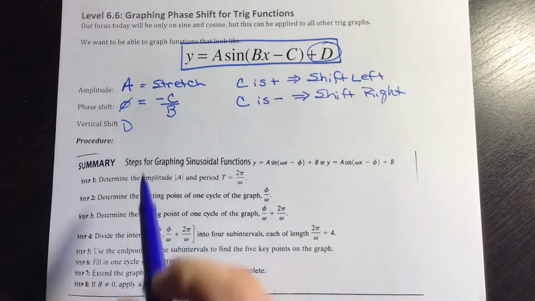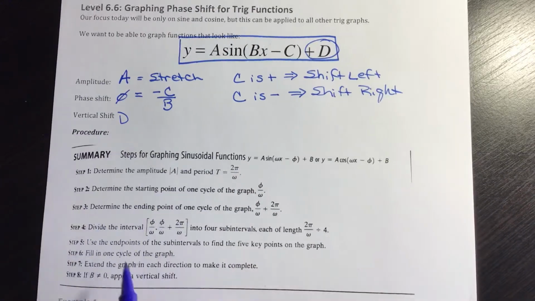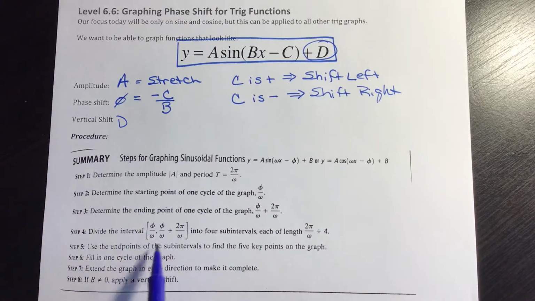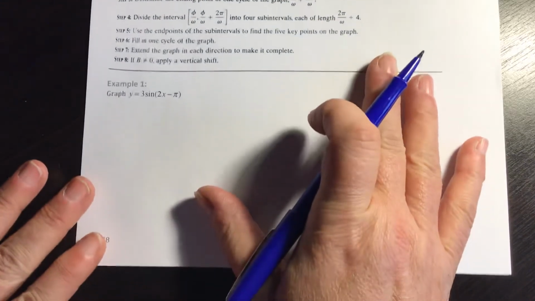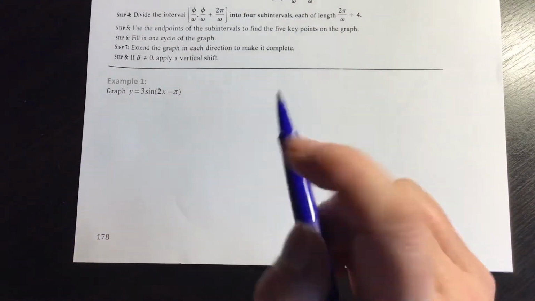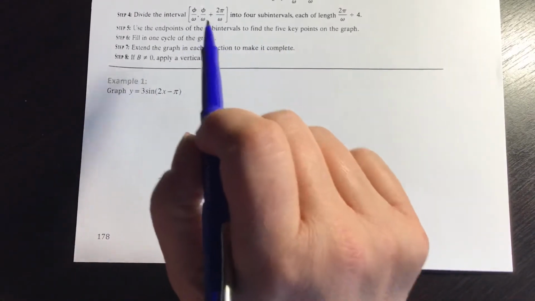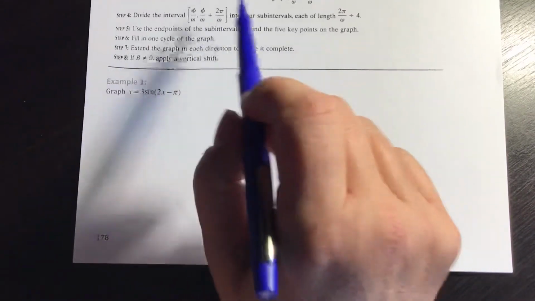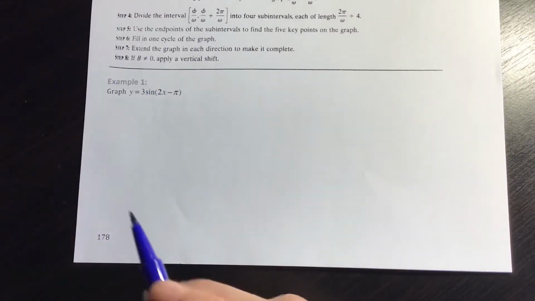I'm not going to go through all of these and define all of these symbols. I'm just going to talk through some of the graphs. I think it's better if we not worry about what all of this means in terms of vocabulary and everything, but it's more of the process.